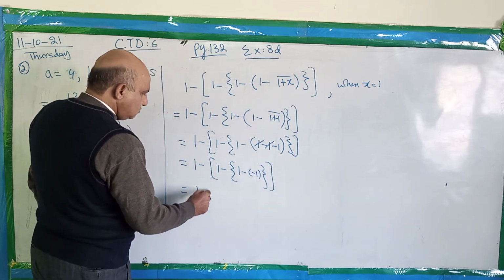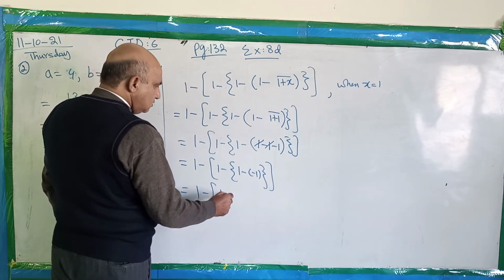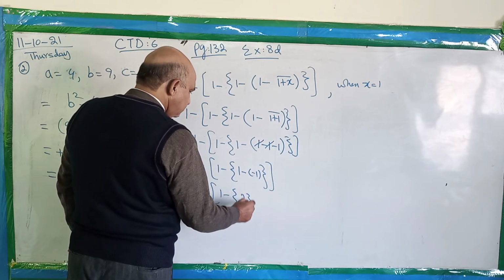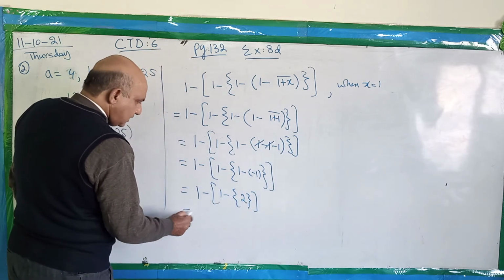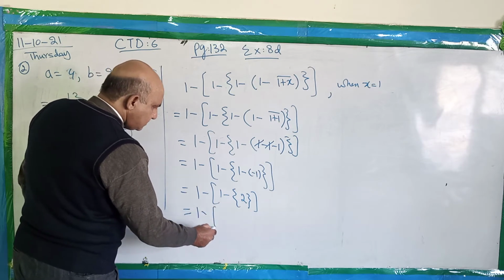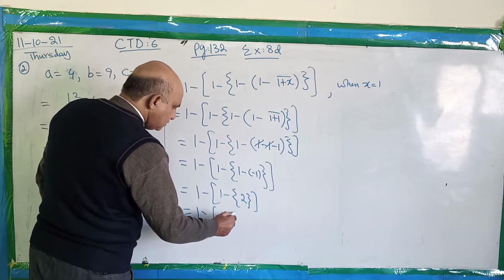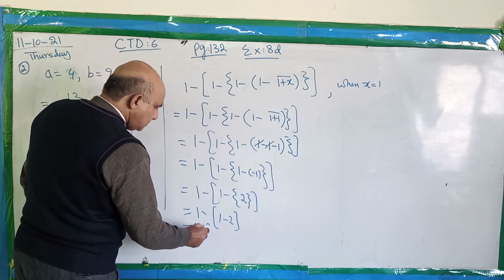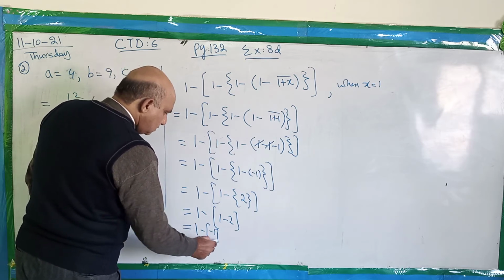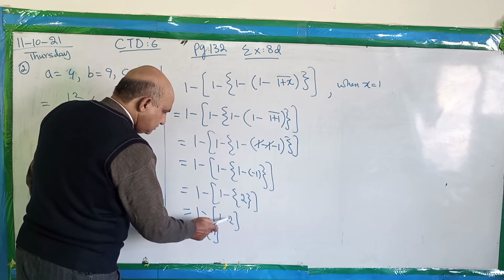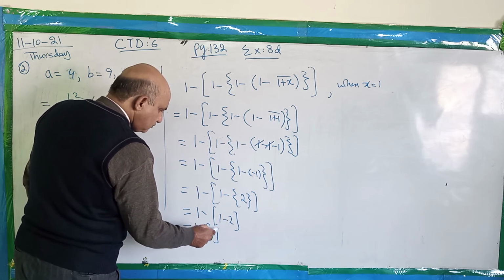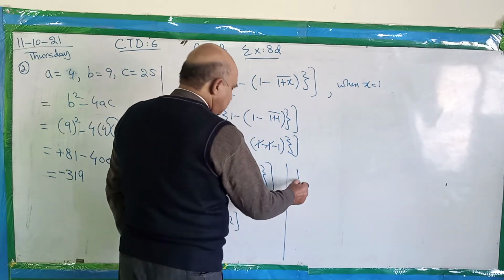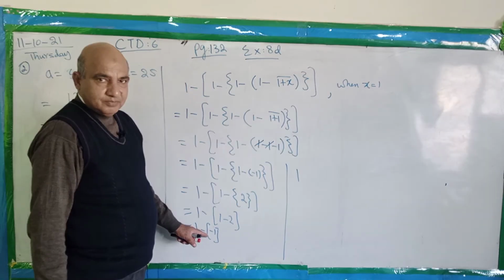So here 1 minus 1 minus 2. So here we write it as 1 minus 1 minus 2. So here 1 minus minus 1. So what we will do here, minus into minus is plus.